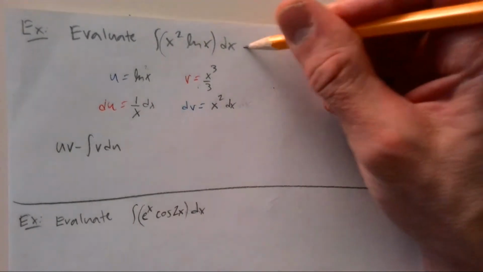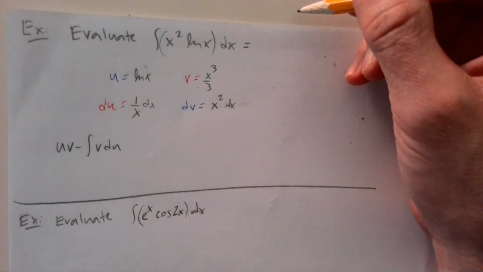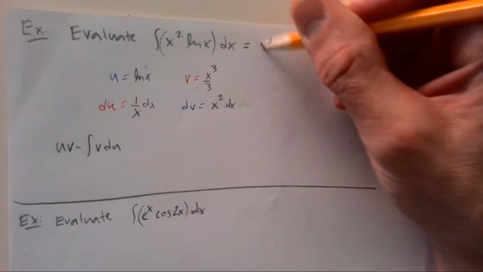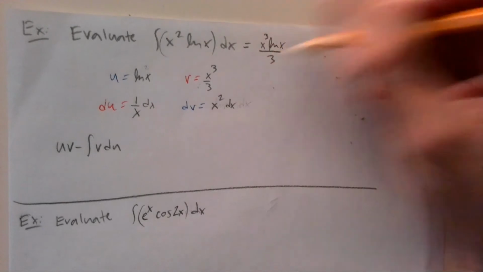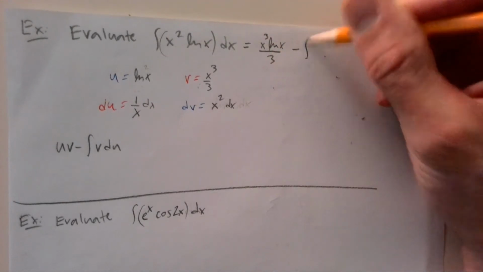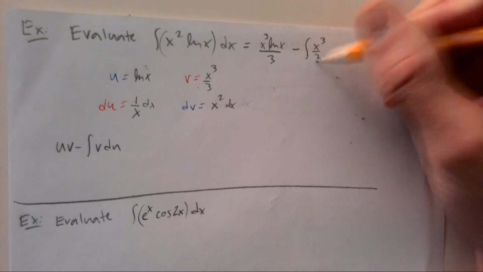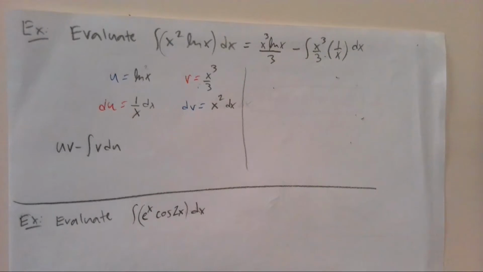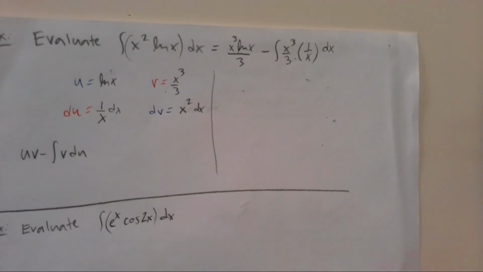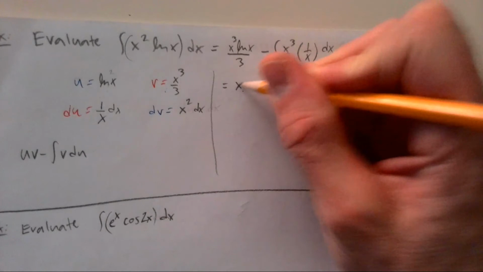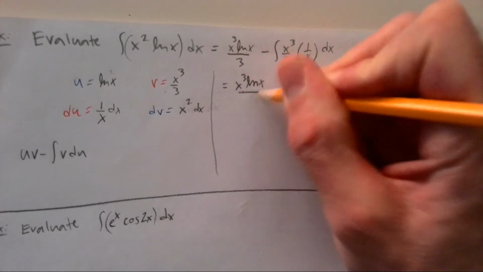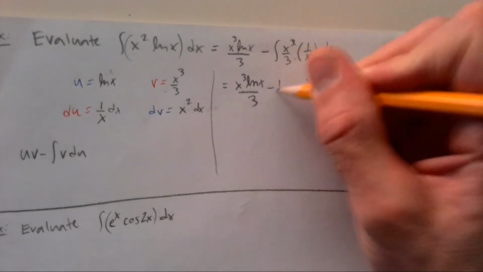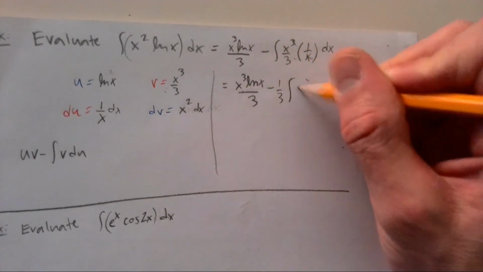So plugging it into our pattern for integration by parts, that's going to be u times v up front, minus the integral of v du. That's actually going to work pretty nicely from here on out because those x's will reduce, so that's minus a third of the integral of x squared.